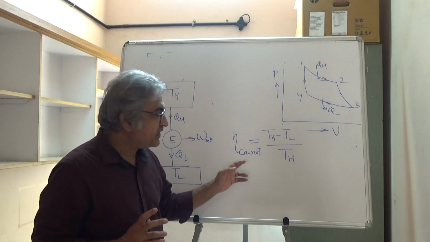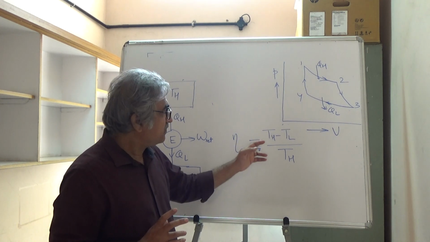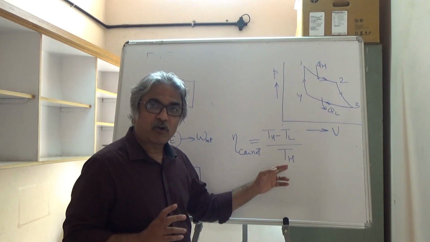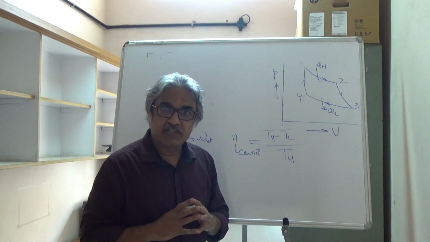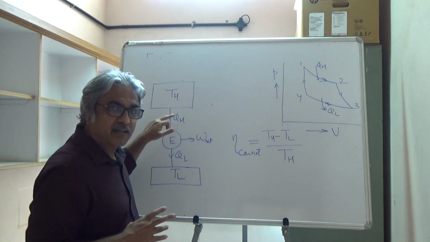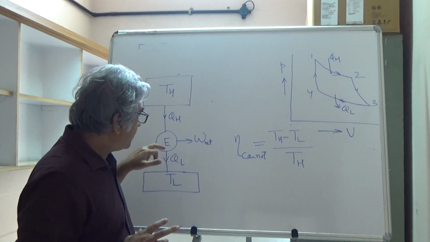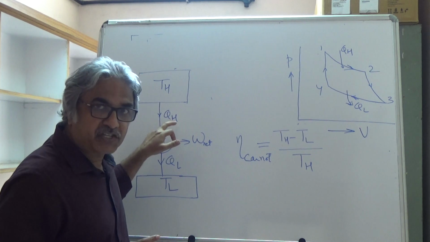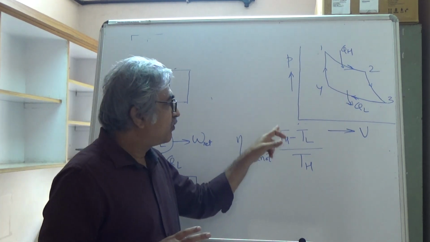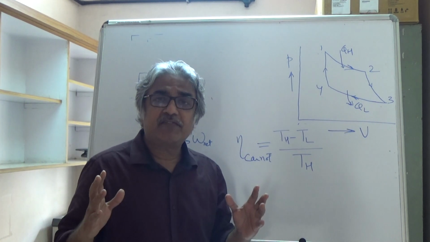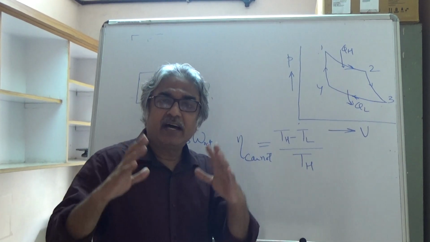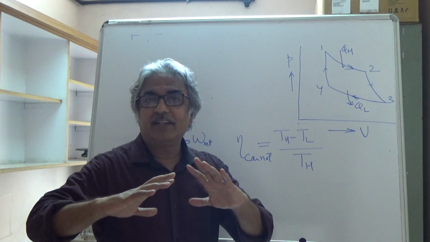Efficiency of a Carnot engine is equal to TH minus TL upon TH. Remember, efficiency is of course QH minus QL upon QH, but that's an expression for efficiency even if the engine is not reversible.